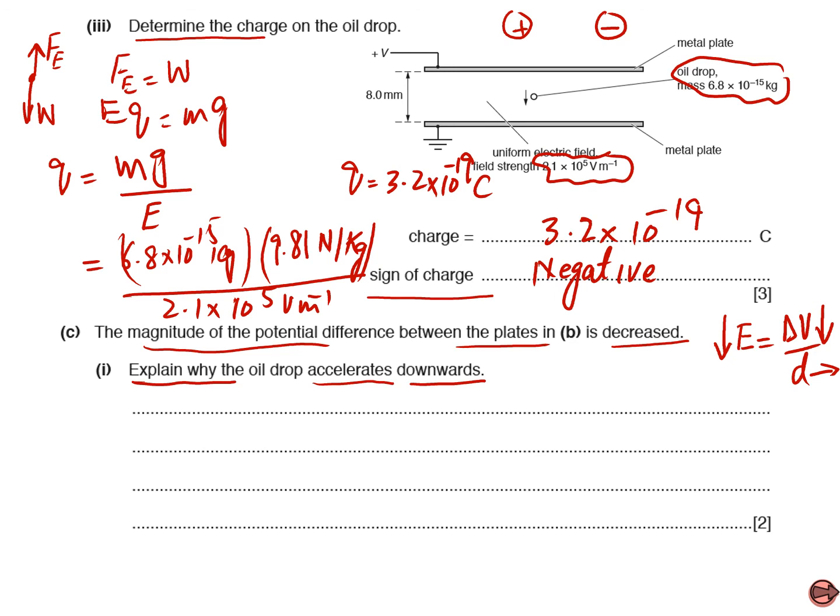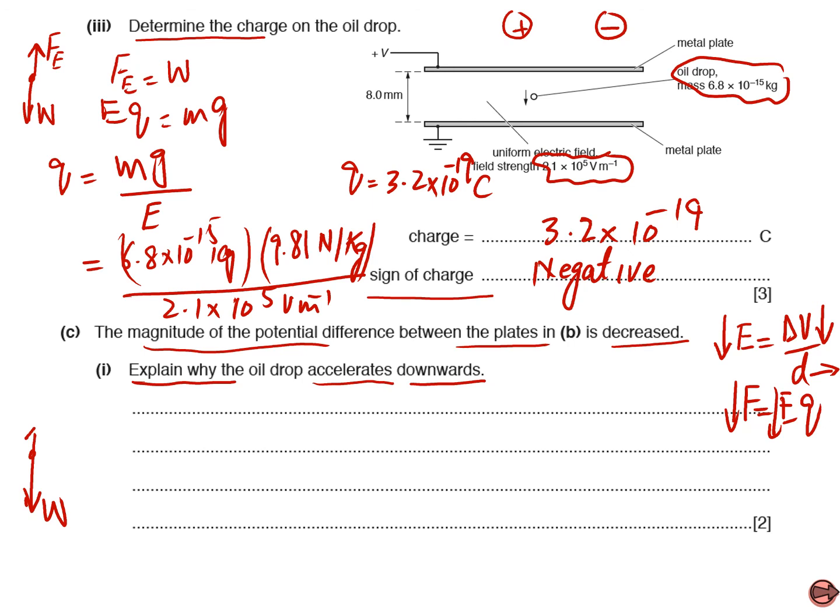And also we need to understand F is equal to E times Q. So if E goes down, F also has to go down. As the mass is not changing, the weight is constant, so we will see the electric force decrease.